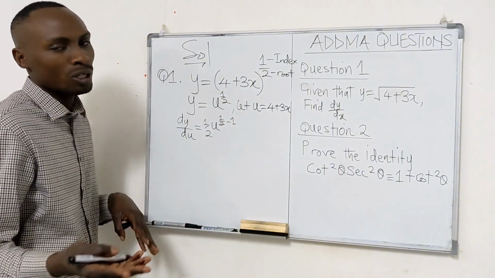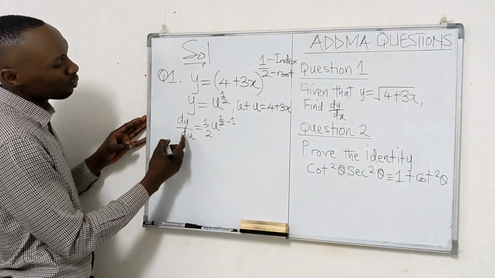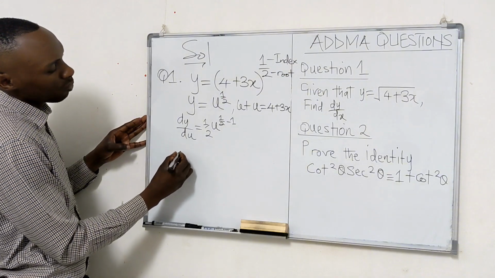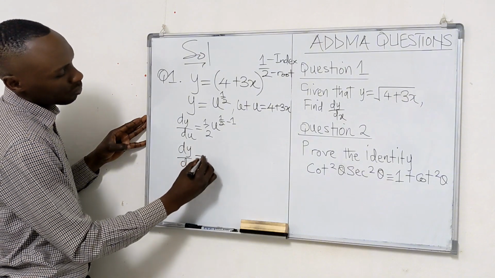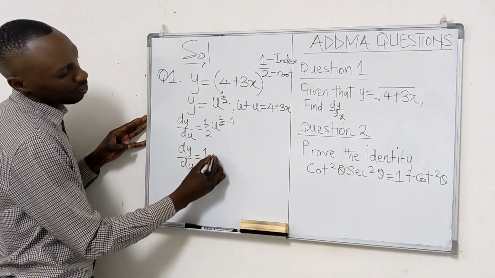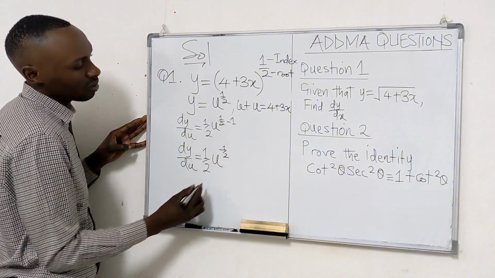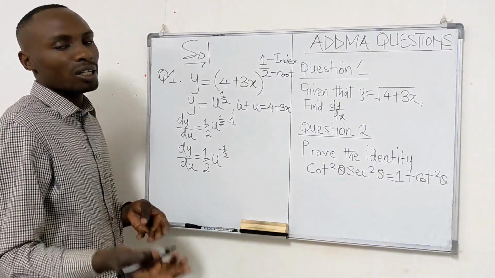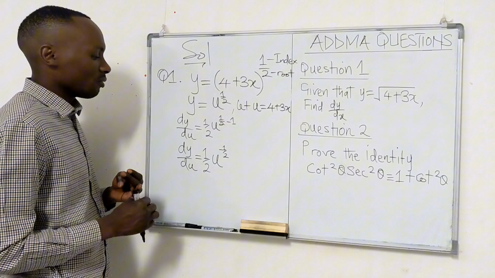Half minus 1 gives us negative half. So dy/du is going to give us 1 over 2 u to the power negative 1 over 2.